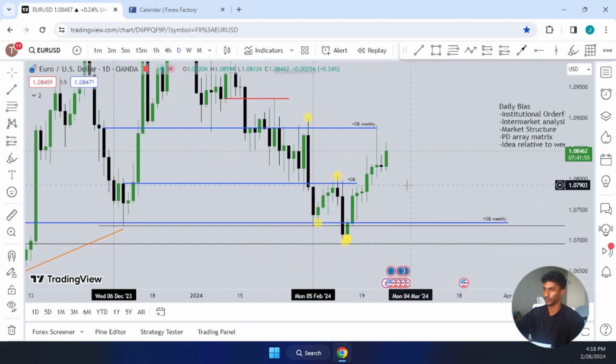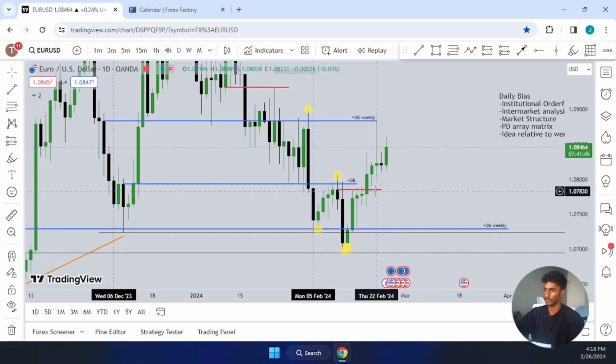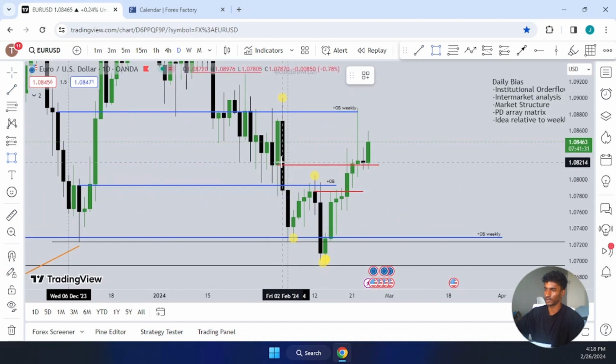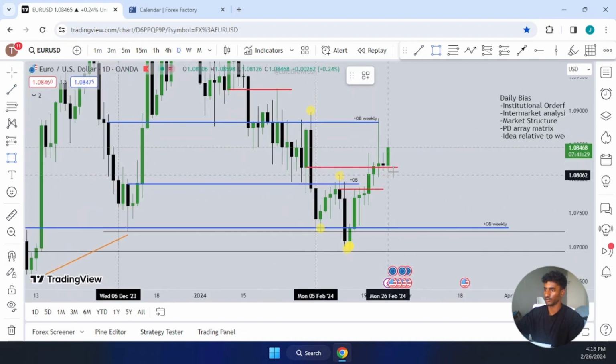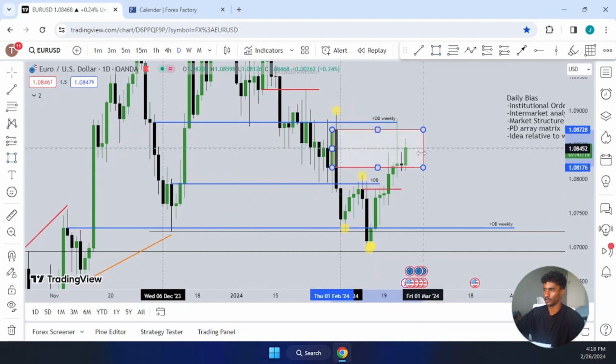If we're seeing bullish PD arrays respected and bearish ones violated, then I'm just going to carry on in that direction until we trade into something which could send price either way.